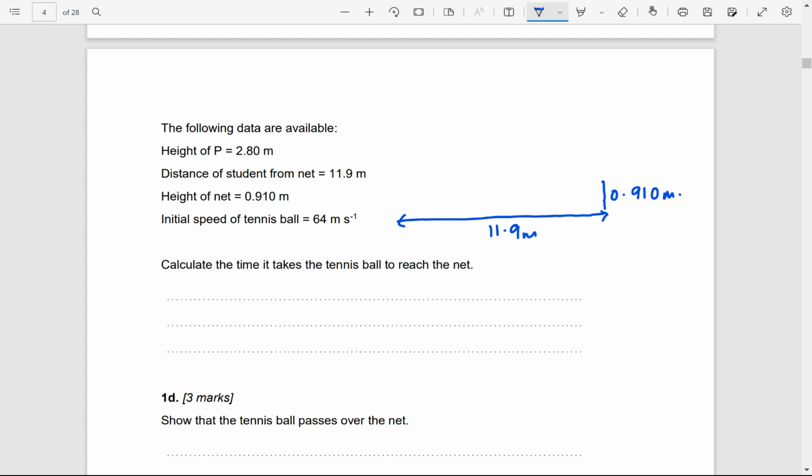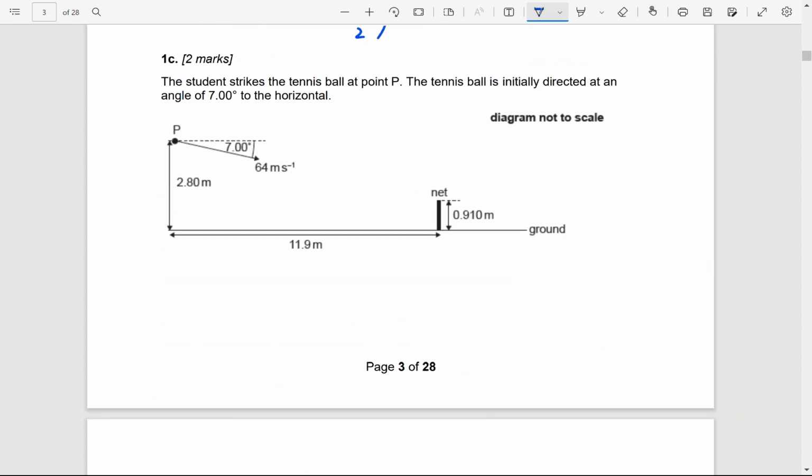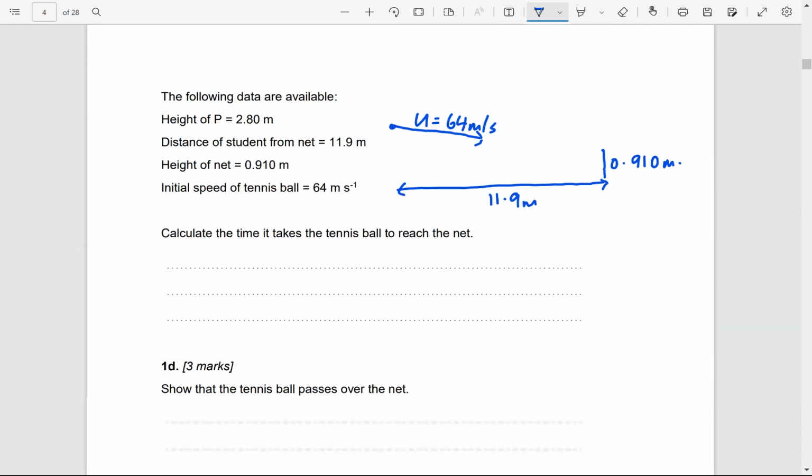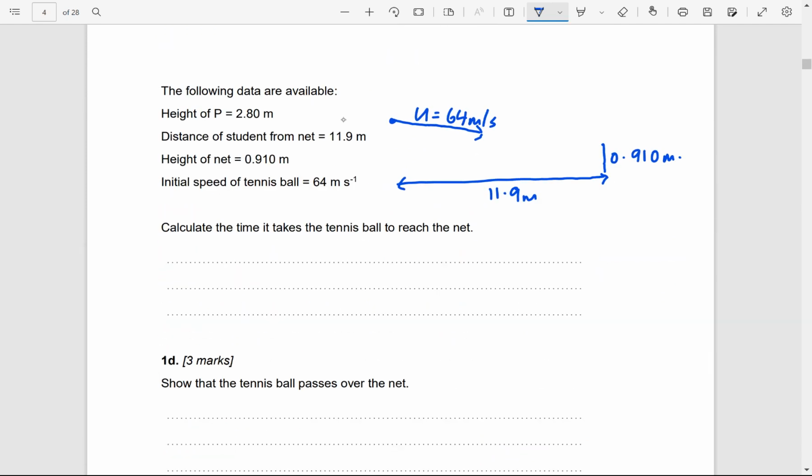What else do I know? The initial speed, I know the initial speed is 64. Here's the ball. And I know that that's at an angle of 7 degrees to the horizontal.